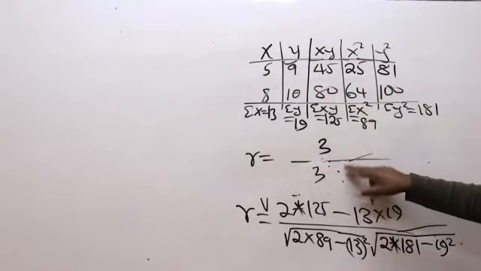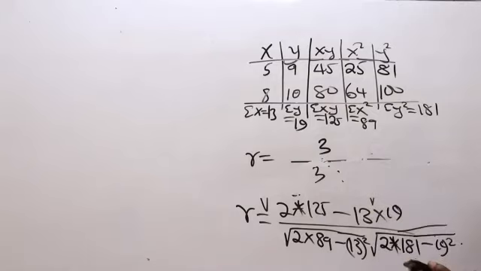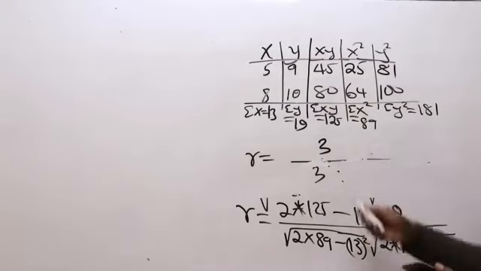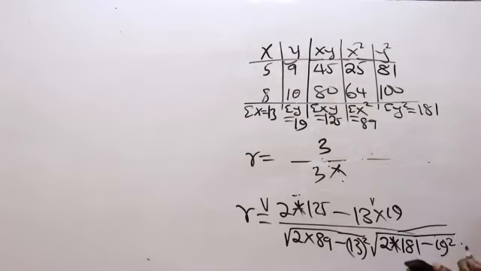Give me the second square root here. I'm being told it's 2 times 181 minus 19 squared, which gives me, ladies and gentlemen, what figure here? Which gives me 1. Thank you very much.